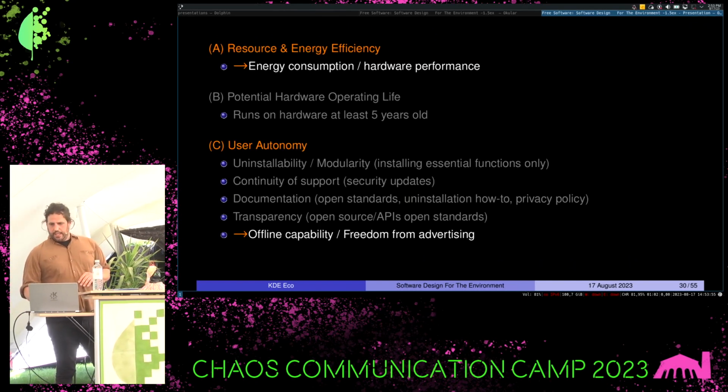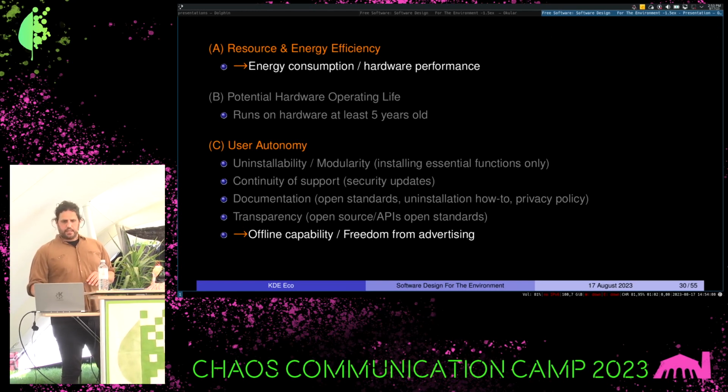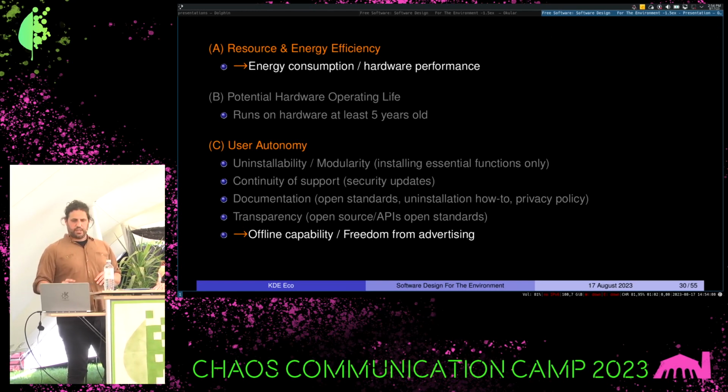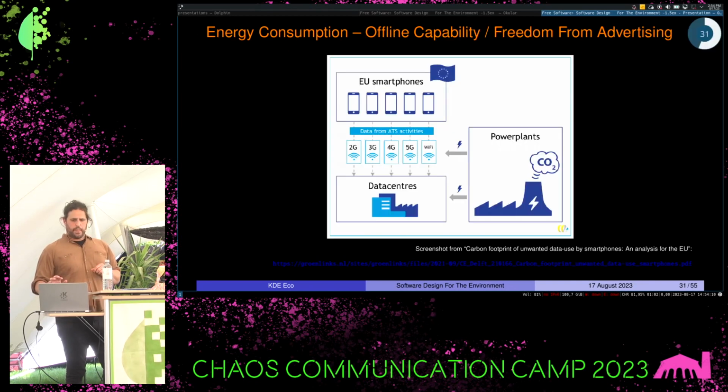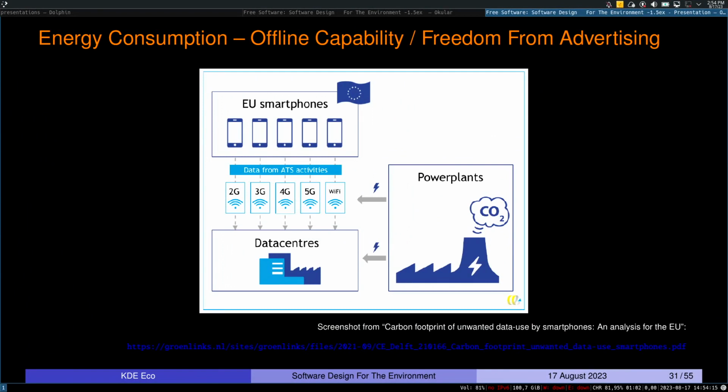Okay, and the last section that I want to talk about in terms of the user autonomy criteria is the offline capability and freedom from advertising. This is a report from a research and consultancy group which does policy reports for the EU, in which they looked at what is called unwanted data use.